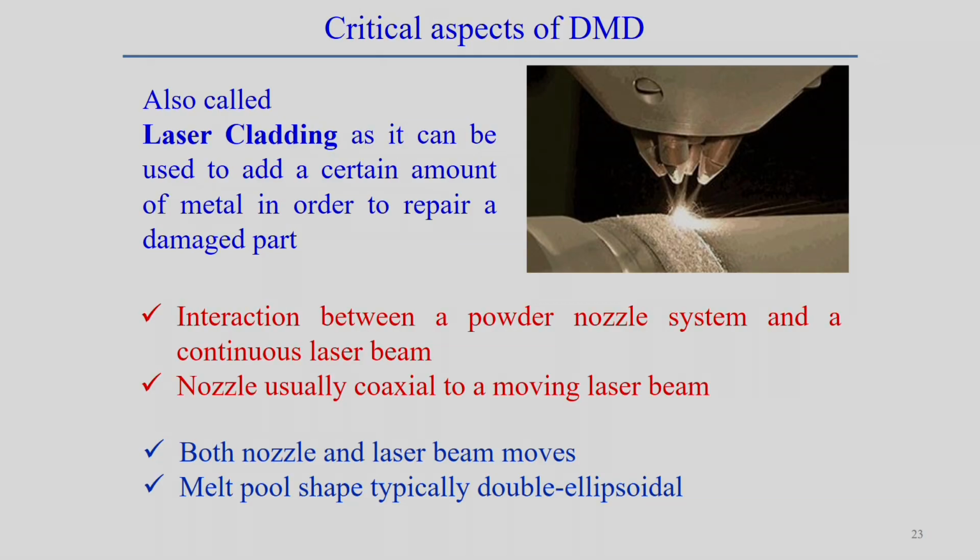Therefore, the interaction of the nozzle system and the continuous laser beam is one of the major aspects to optimize, namely the position of the laser focused beam as well as the coaxial nozzles. The nozzle is coaxial, but it moves in a particular direction, so both the nozzle and the laser beam move together, and that is the strategy we need to cover.